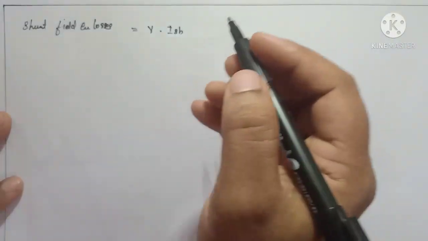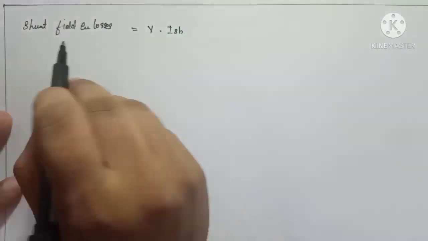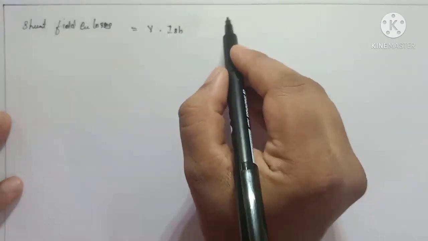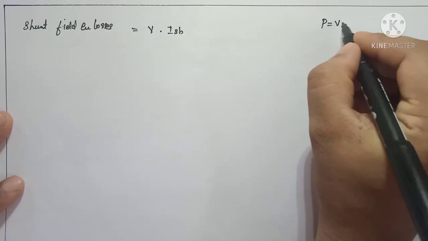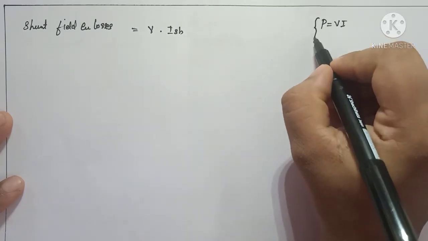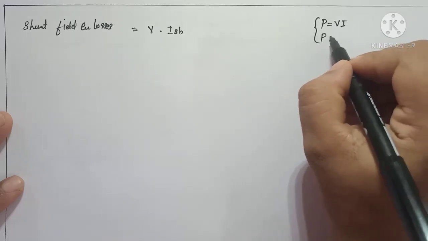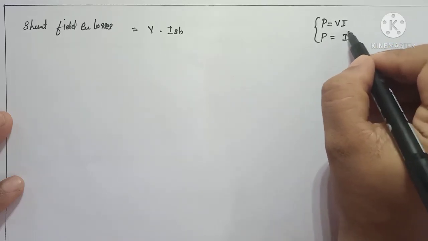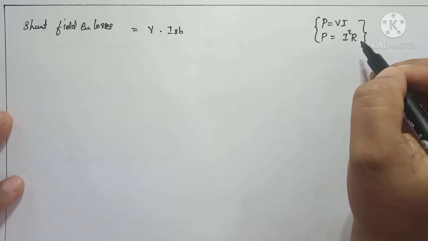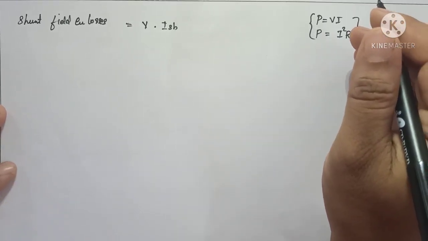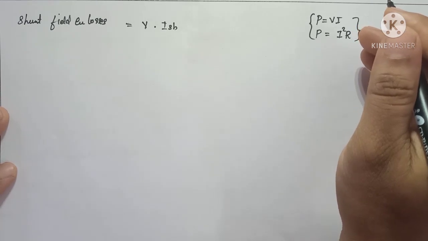Every loss is a power loss, so power P is equal to V into I. For the shunt field copper losses we use this equation, and for armature copper losses Ia square Ra. We must remember that every loss is a power loss.